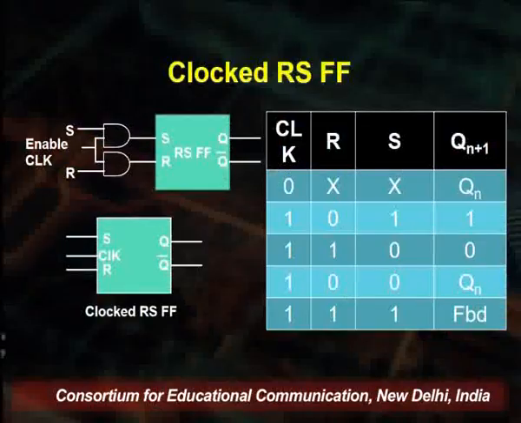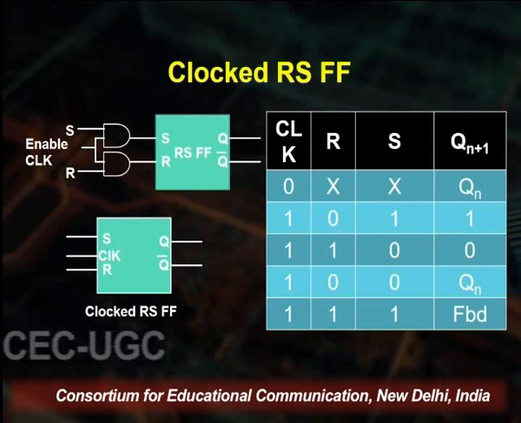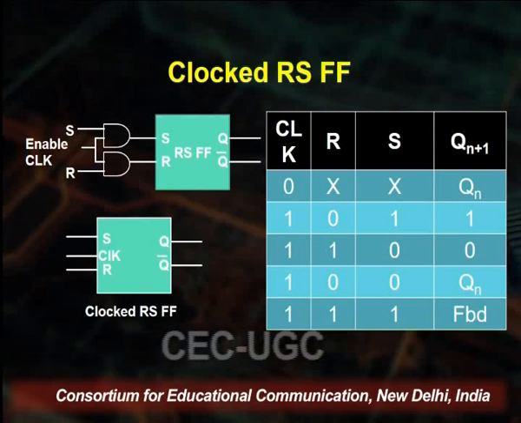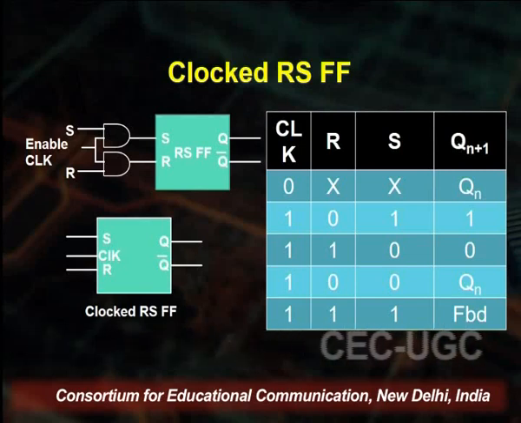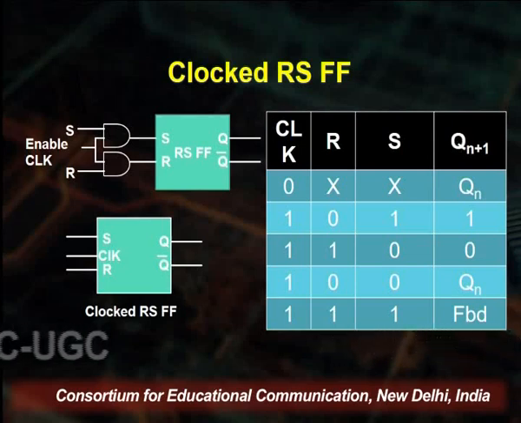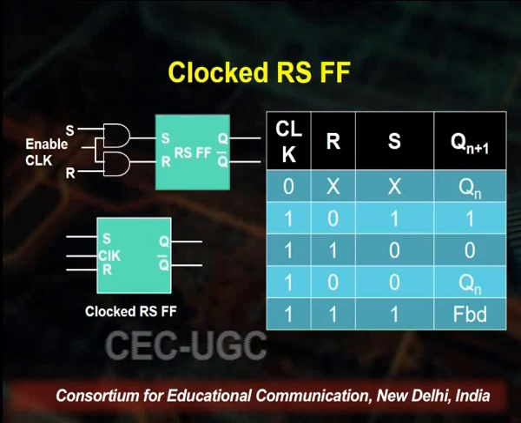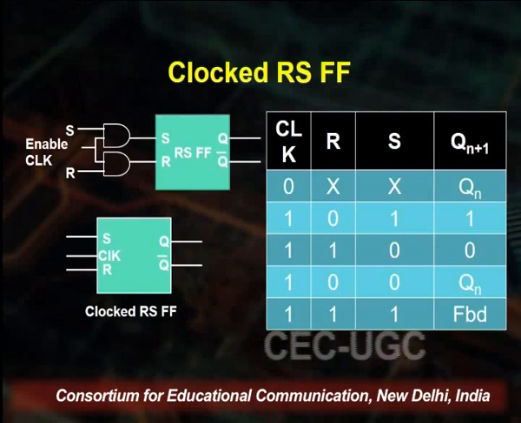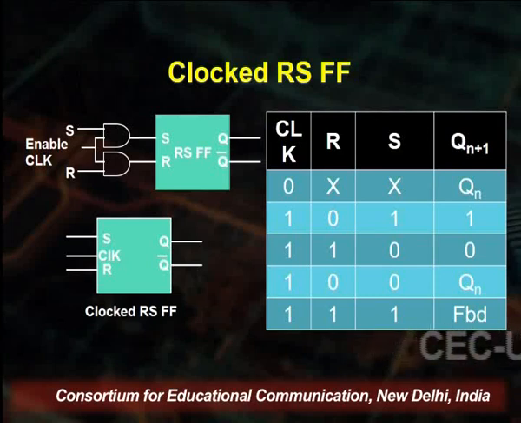So looking at the truth table here, we see that till the time the clock is 0, the input combinations of S and R do not matter, or in the parlance of digital electronics, we can say that is don't care. That's why we have put two X's over there.